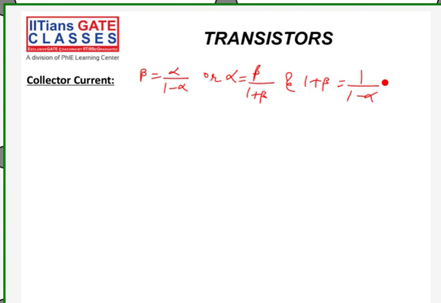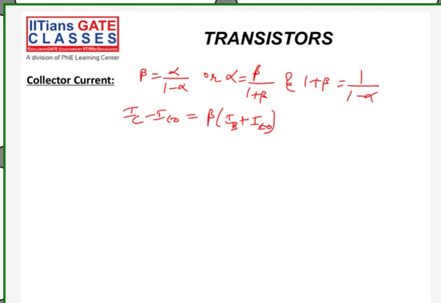Now if we take equation 3, I'll get IC minus ICO is equal to beta IB. So it is clear that IC is beta IB plus ICO.